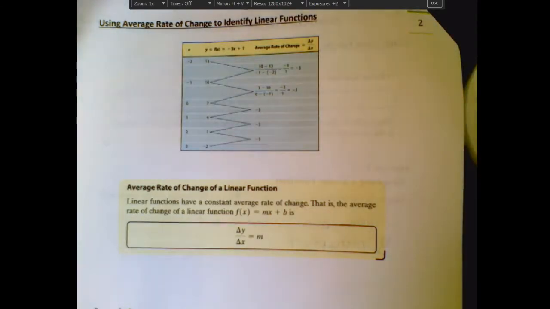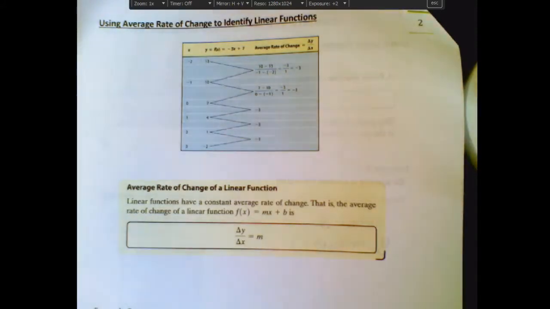All right, using the average rate of change to identify a linear function. What we're doing here is anytime we have a constant rate of change. If you remember, the rate of change would be our change in y over the change in x. So they're just doing that for you here in this example.